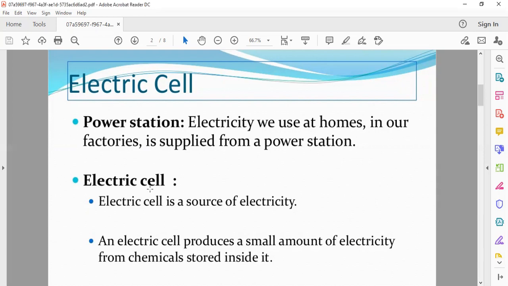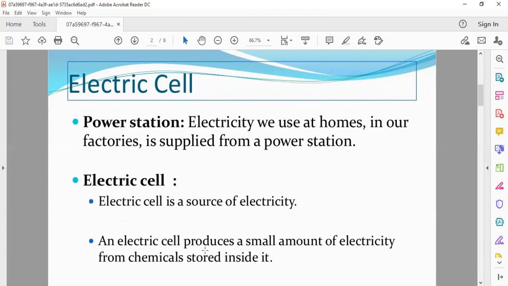So, the first point is the electric cell. Electricity to the bulb in the torch is provided by the electric cell. In a torch, the electric cell is a source of electricity. An electric cell produces a very small amount of electricity from chemicals stored inside it.